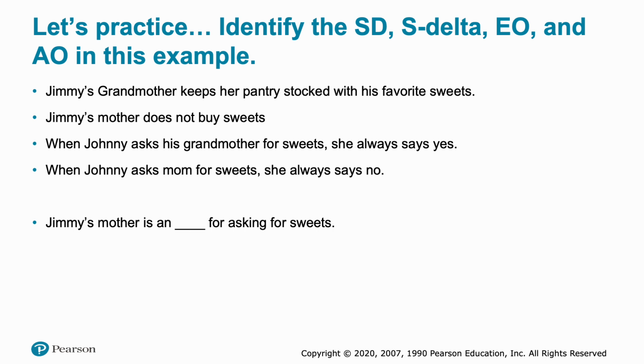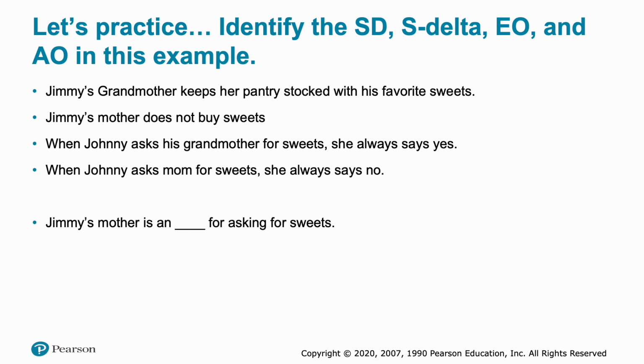Pretend that Jimmy is a young boy. Jimmy has his mother's home that he lives in, and then he also frequently visits his grandmother's home. And let's pretend that his mother is not a big fan of sweets, so she doesn't keep any sweets in the home at all, but his grandmother always keeps sweets at home, and his grandmother always provides him with sweets when he requests sweets.